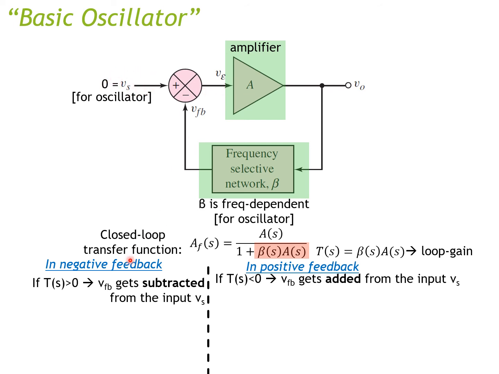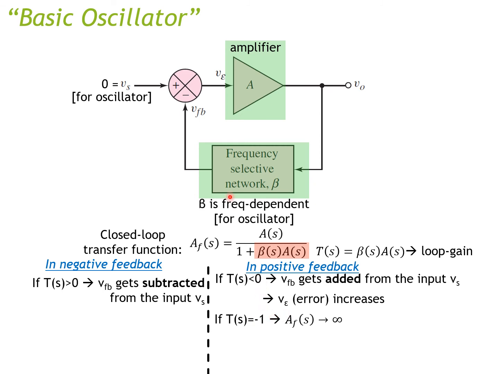So for the case of negative feedback, usually the subtraction reduces your error voltage. However, in the case of positive feedback, your error voltage actually increases. Therefore, when your T(s) gets to -1, the gain of this closed loop transfer function will get to infinity.